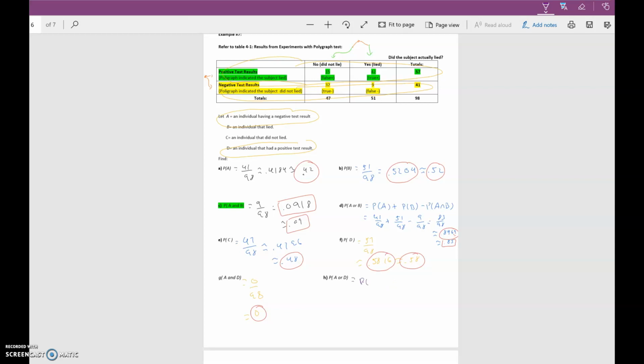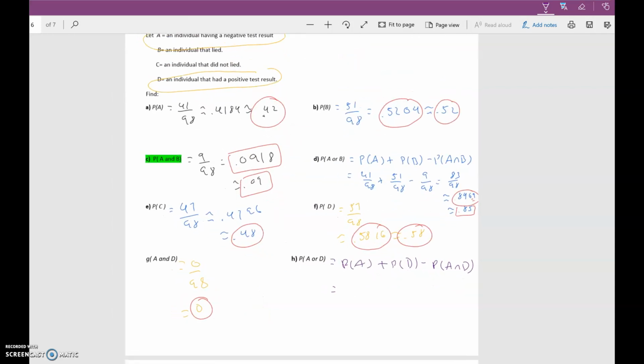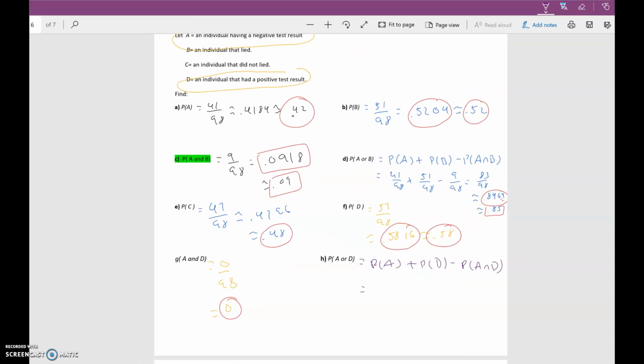This is going to be the probability of A plus the probability of D minus the probability of A intersect D. So the probability of A, 41 out of 98, plus the probability of D, 57 out of 98, minus the intersection, which is part G, 0 out of 98, or, well, 98 over 98, or the value of 1.